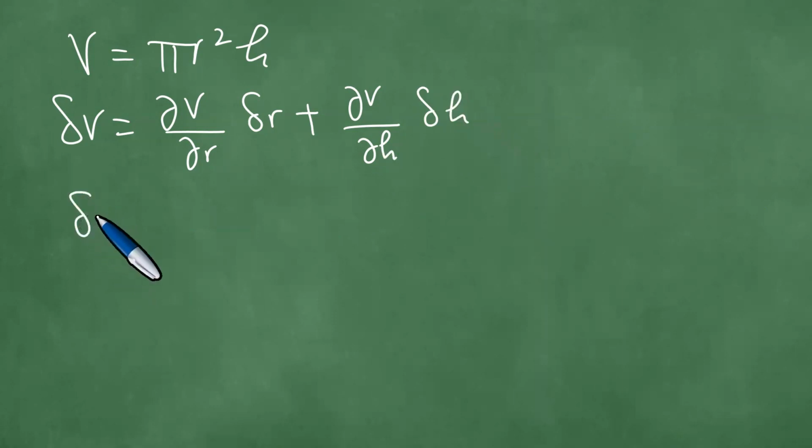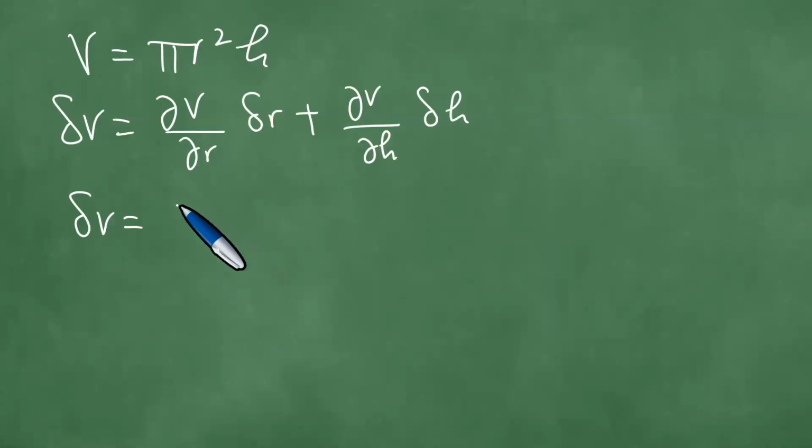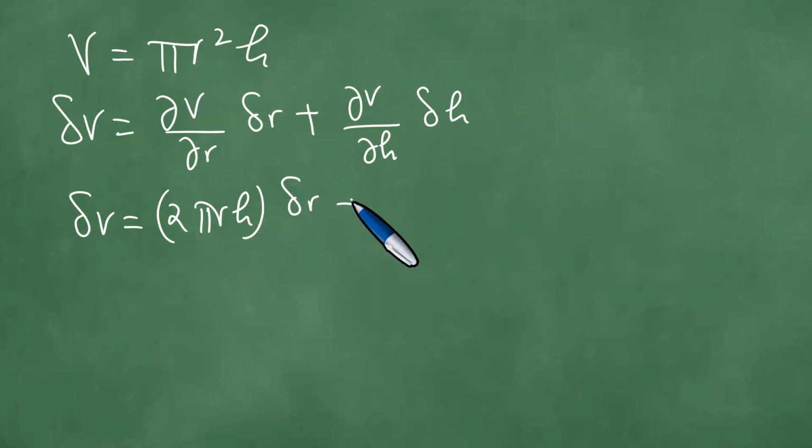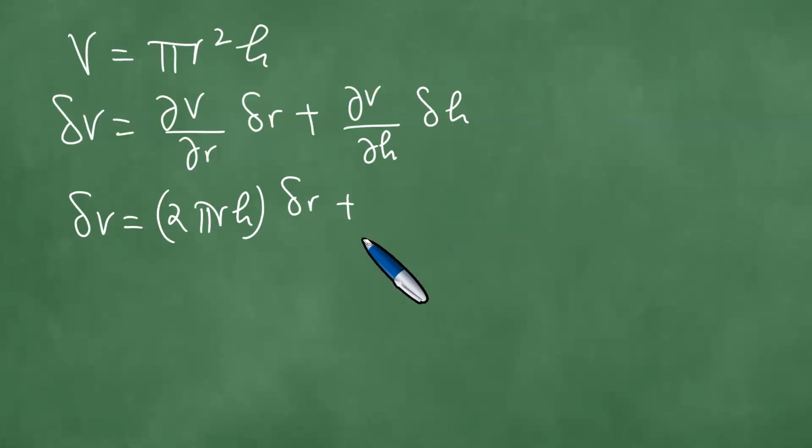The partial V partial r is 2 pi r h, and we multiply that by the small change in r. And partial V partial h is exactly pi r squared.